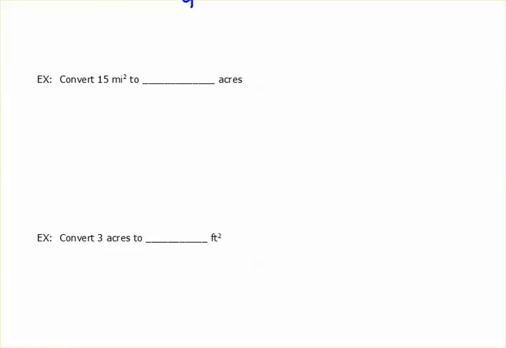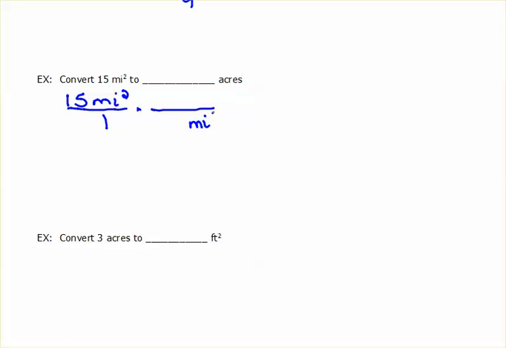Okay, this next one says convert 15 square miles to blank acres. So we're going to start off with 15 square miles and put that over 1. Now, we don't want square miles, so I'm going to put square miles on the bottom. And is there a relationship between miles and acres?